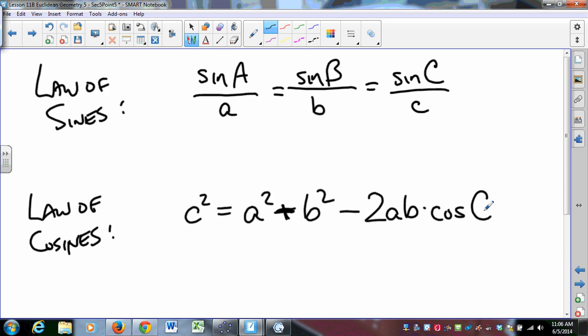And that works for any angle and its opposite side. So if I had chosen angle A here, then this is a little a, and these two are B and C. The law of cosines can be proven without running to the unit circle. There are ways to do that. I may or may not do that when we gather in class tomorrow.